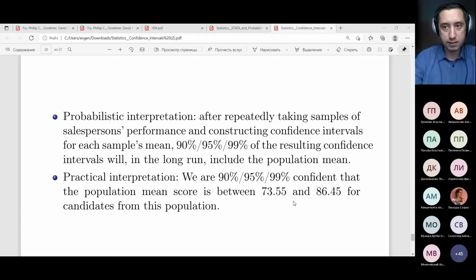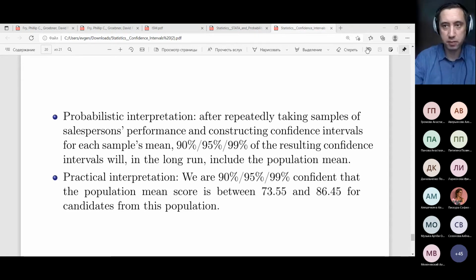Now let's do some exercises in Stata, because for sure you can easily learn how to calculate confidence intervals using your textbook or my lecture notes, in theory or manually. But in practice, we never use tables or Excel to calculate confidence intervals.